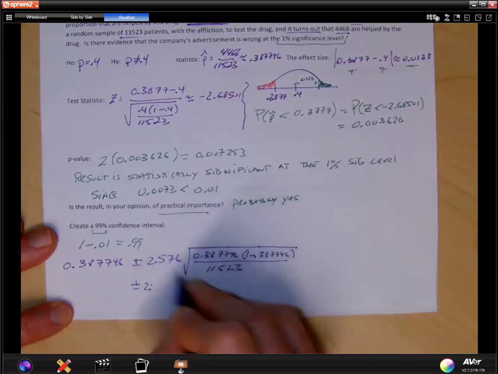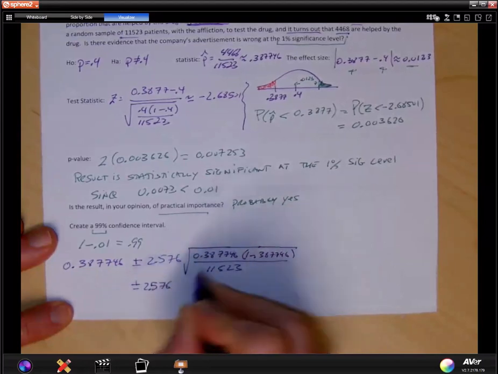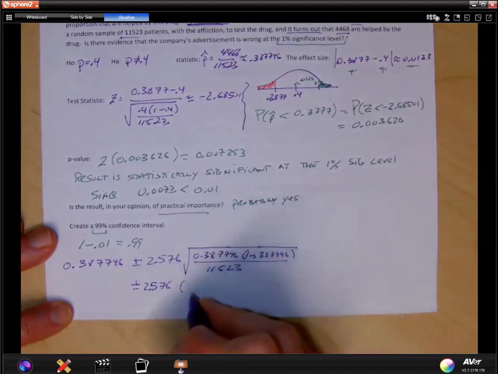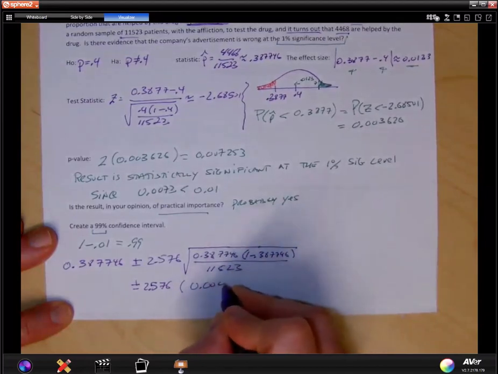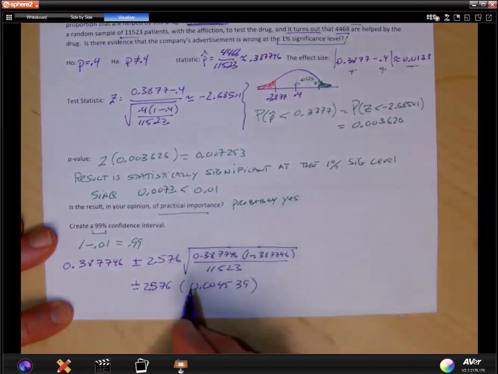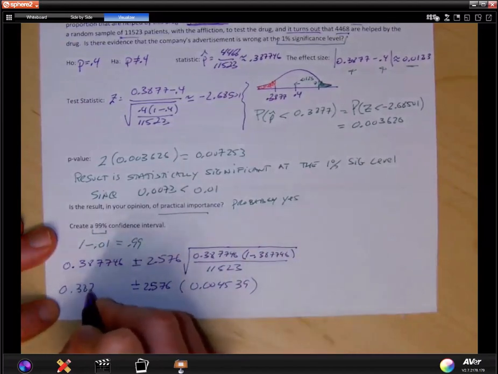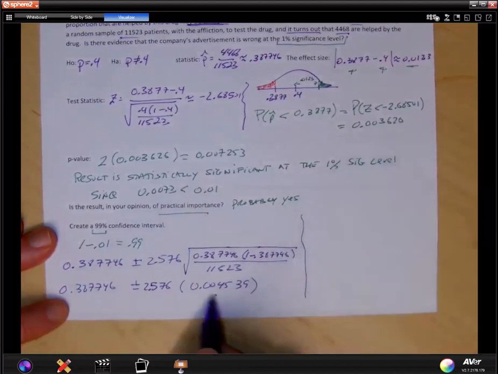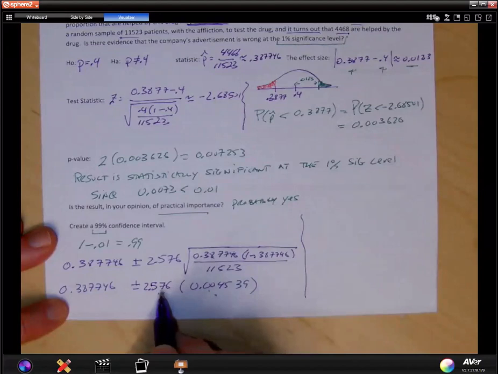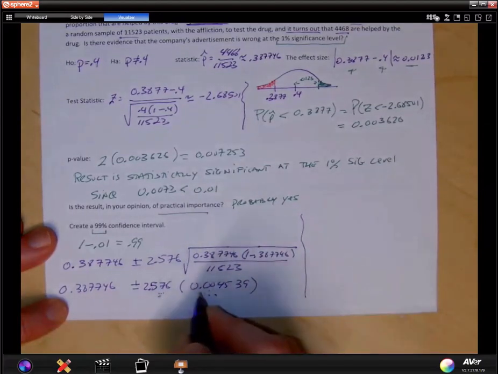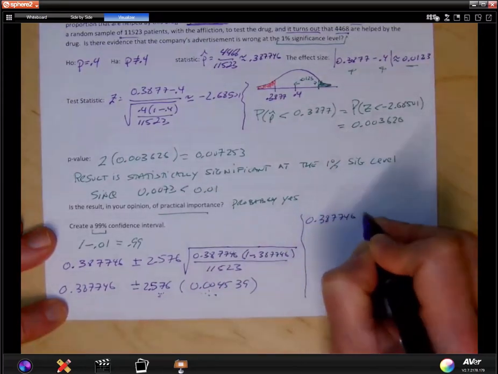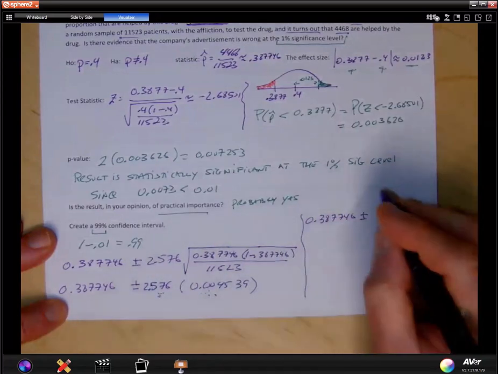And what is it? The standard error. This is the standard error because I'm using p-hats. When I enter this into my calculator, I get 0.004539. Now, apply these together to get my margin of error: the critical value times the standard error. If I do that, I get the following.